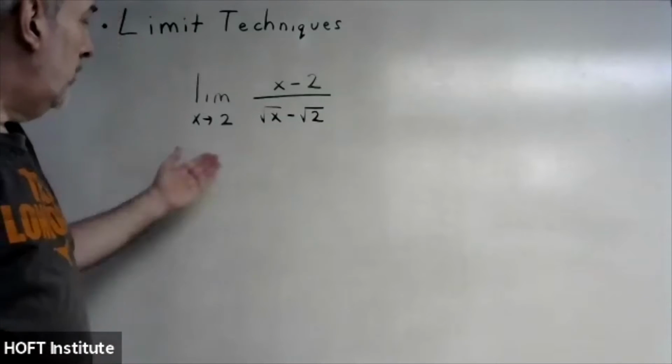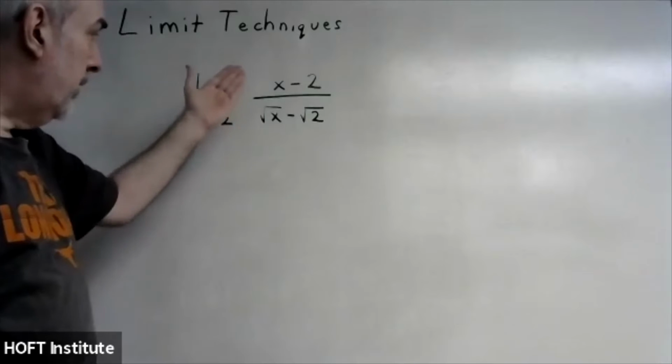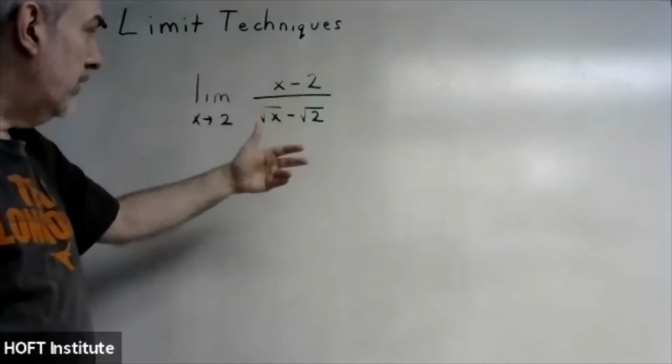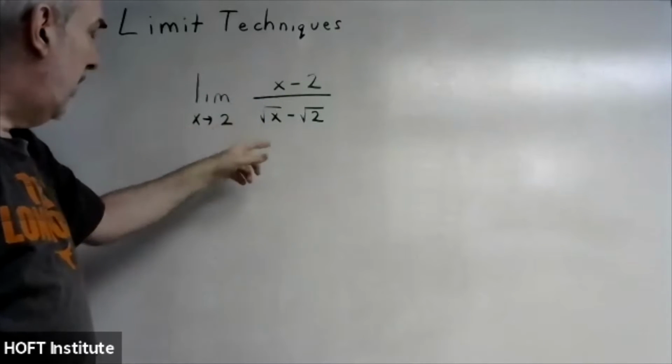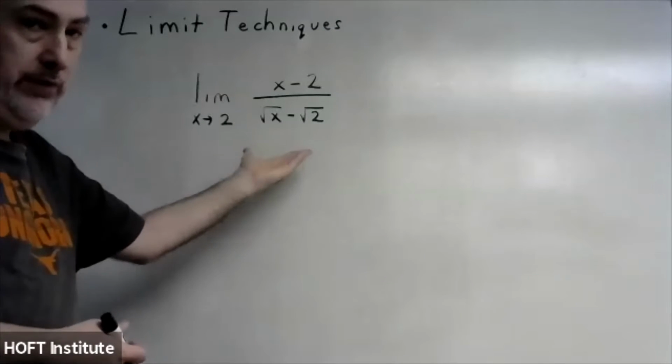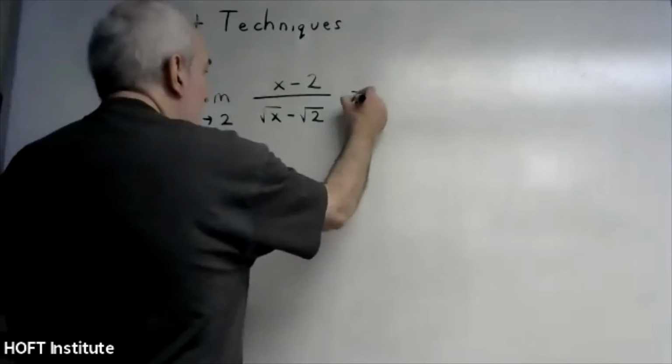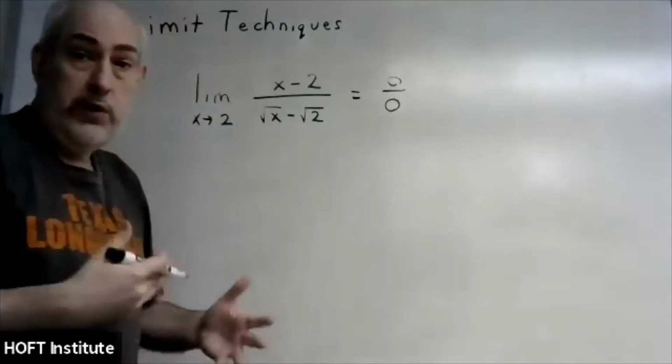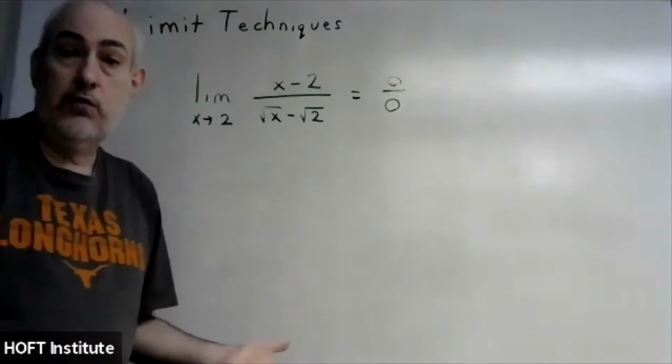Okay, so as x approaches 2, if you were to plug 2 into the top, because it's a polynomial, that's going to go to 0. And the bottom, using various limit rules, essentially you plug in 2 and you also get 0. So we have 0 over 0, which we know is indeterminate, so we need to do some more work.